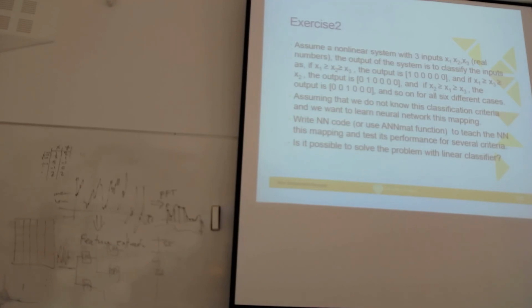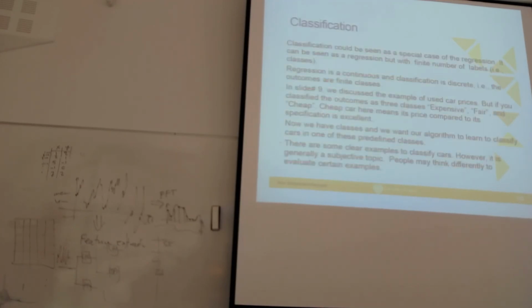It's another exercise. Okay, classification. In classification, all we were talking about so far was regression. Classification is almost like regression, but instead of a numeric output, now we have a discrete output.